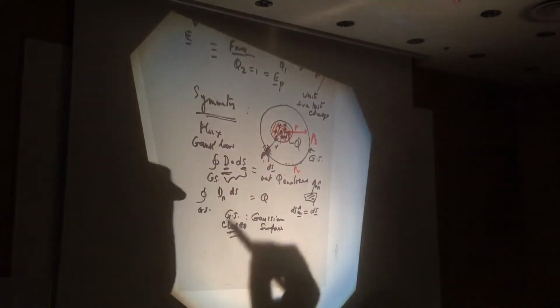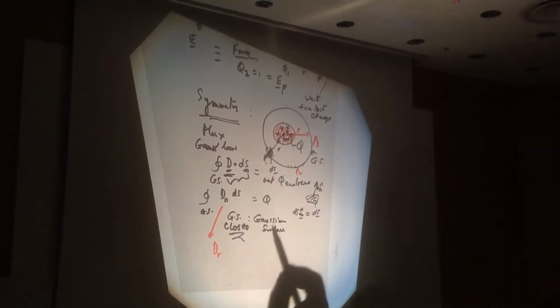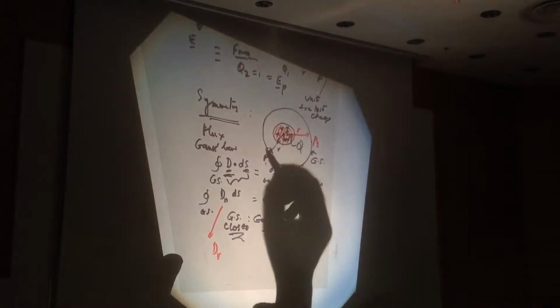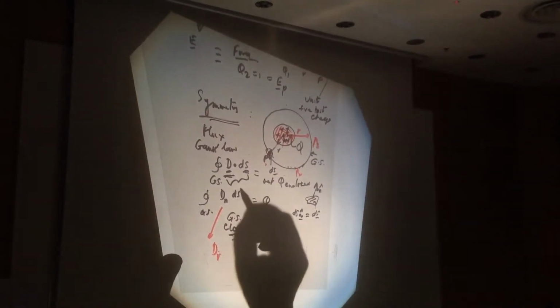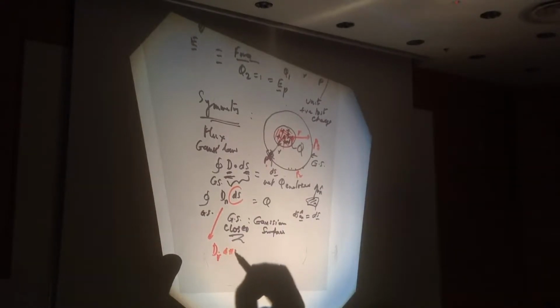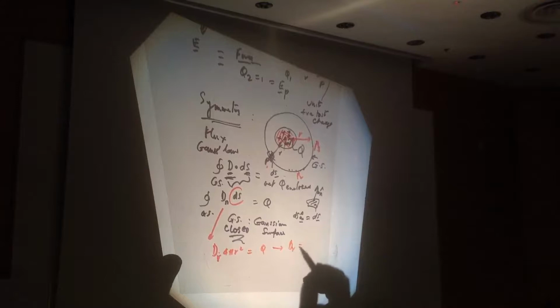It doesn't matter, we take the scalar D_r, which I'm looking for. Since it is the same everywhere, D_r is independent of the surface and multiplies the area 4 pi r squared, equal to Q. Therefore D_r is Q over 4 pi r squared.